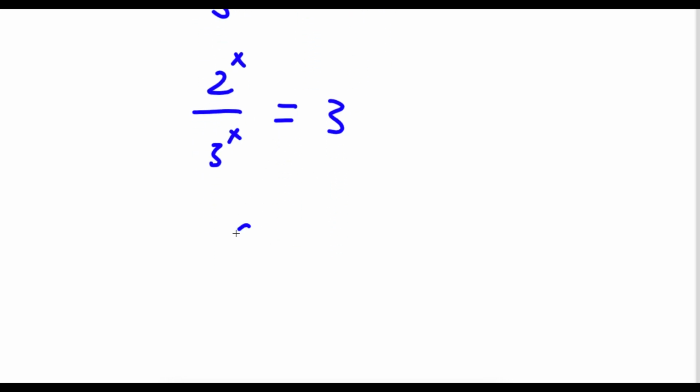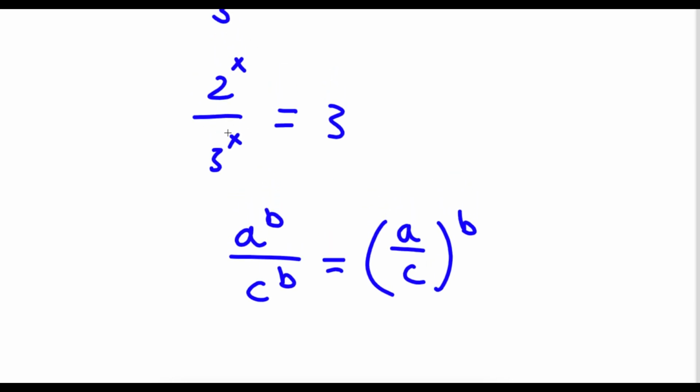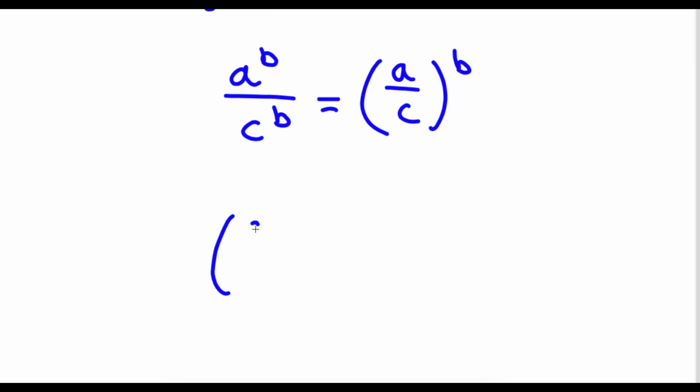Now, if I have something in the form a to the power of b over c to the power of b, this is the same thing as a over c, to the power of b. So 2 to the power of x over 3 to the power of x is going to equal 2 over 3, to the power of x. This is equal to 3.